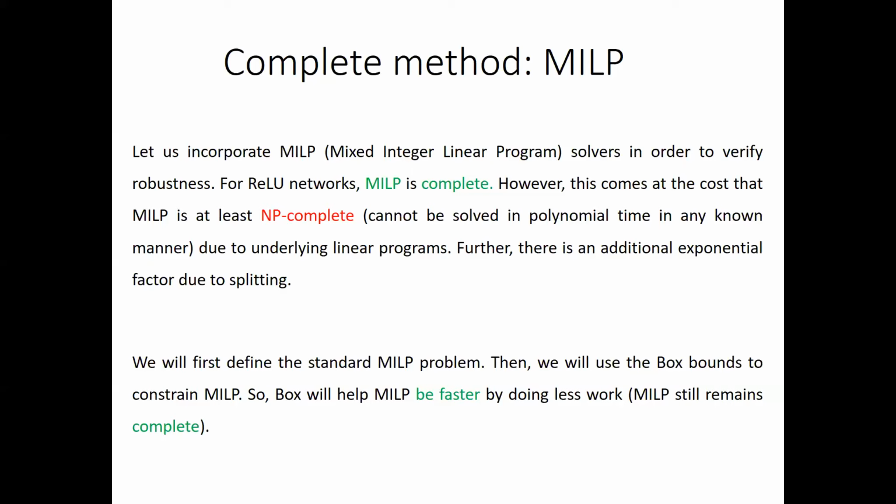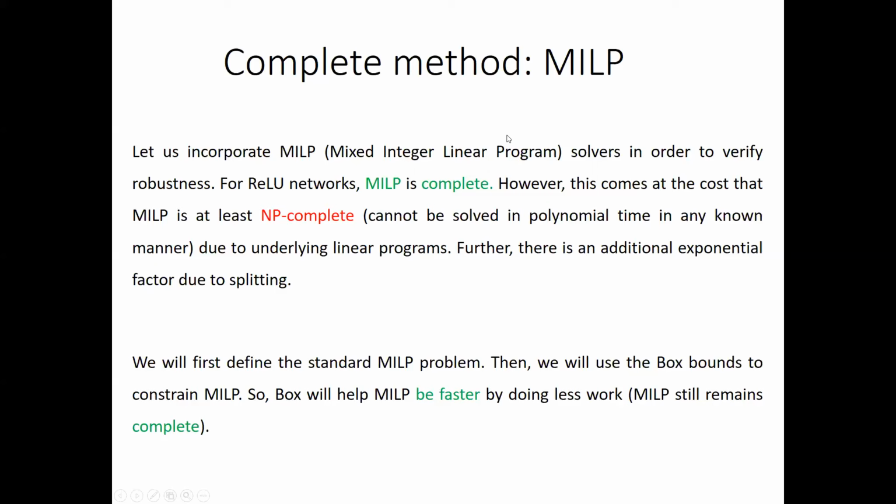MILP solvers are also sound. Of course, we're going to show the combination with the box abstraction, but other combinations are also possible with more expressive abstractions, which we'll see in later lectures.